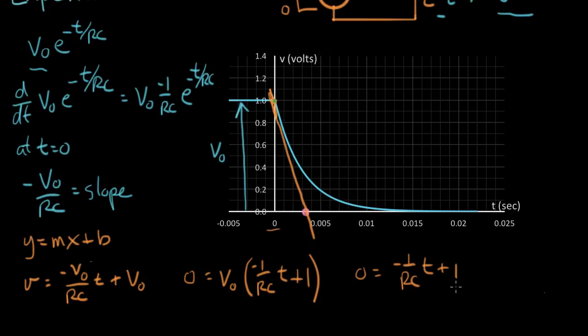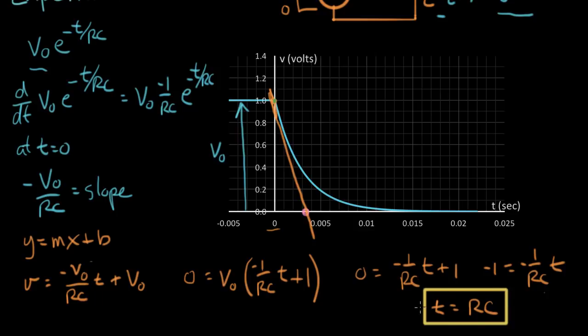And we want to isolate t, so we'll take the 1 on the other side and multiply by RC. So one more step, minus 1 equals minus 1 over RC times t. And in the end, we come up with t equals RC. t equals RC is that time right there. That's how many seconds after the step that this line hits the time axis.